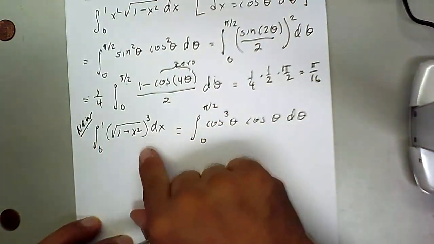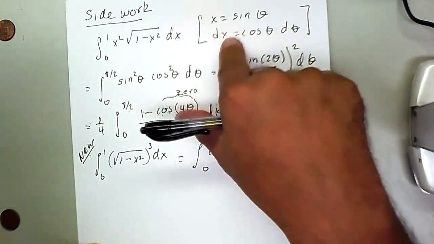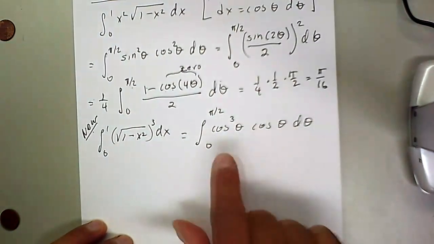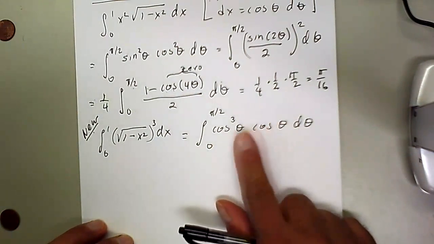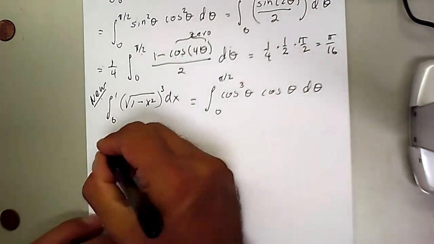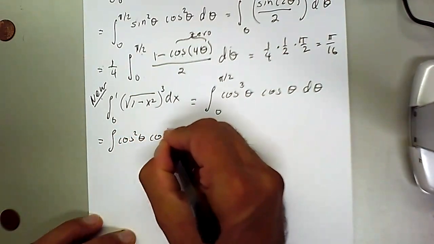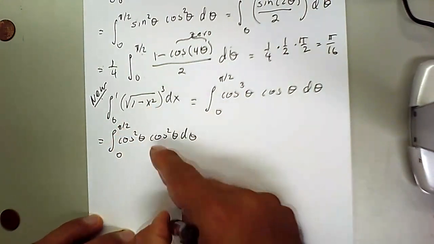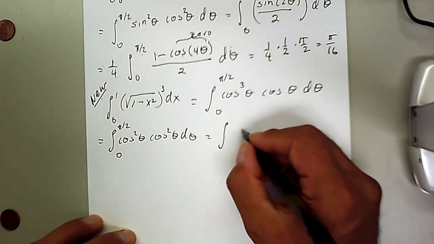So even though this is a new integral, different than the one we did here, we're going to apply the same substitution. So we got cosine to the 4, which we can split into cosine squared and one of those two cosine squareds, so let me write this down as I do it, cosine squared theta d theta from 0 to pi over 2. One of those cosine squareds may be written as 1 minus sine squared.